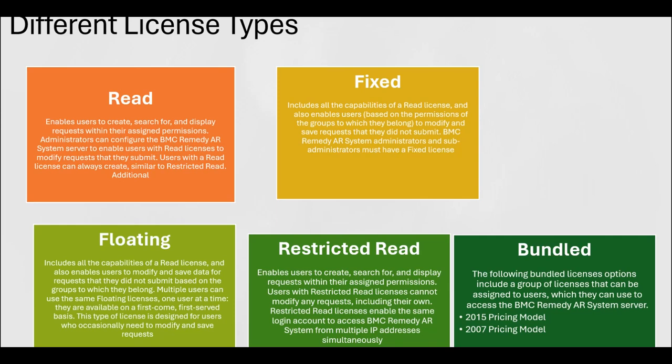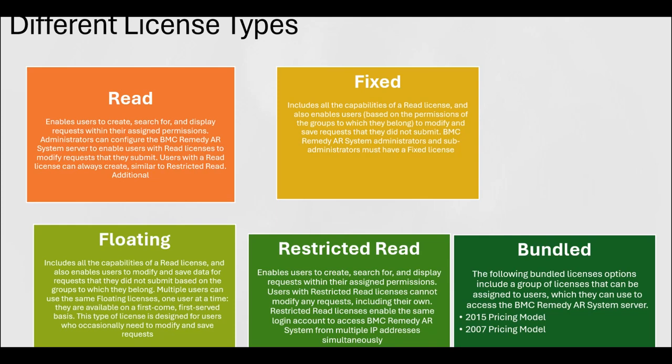Okay, now these were there from the start itself. When BMC Remedy was there, read, fixed, floating, and restricted were already there. This concept and the licensing were already there. But now BMC, I think, introduced something called bundle. So you will get a bundle license from BMC, which can then be used with the AR System server. You will not see this in the system, but when you go into negotiations with BMC and purchase the licensing, they give you a suite license.